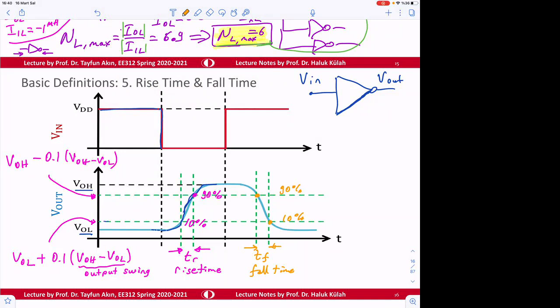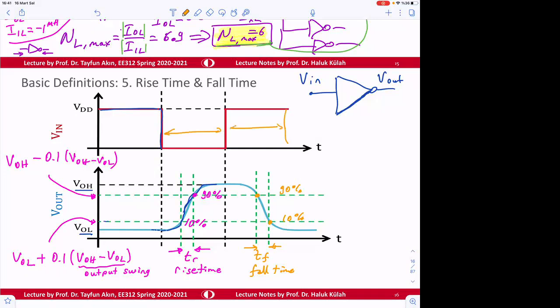Okay. So of course, the smaller is better for us. Why? Because then we can operate this and make this switching much faster.